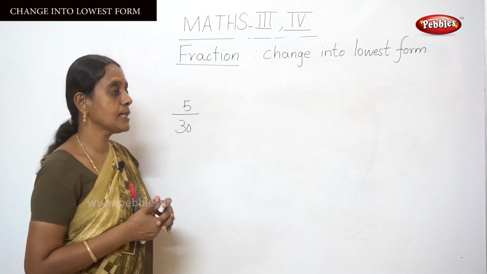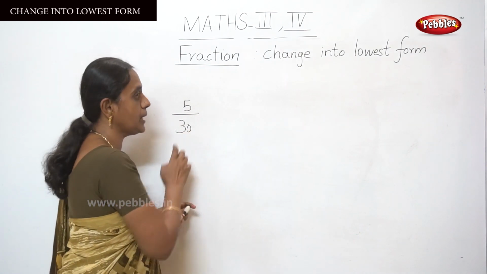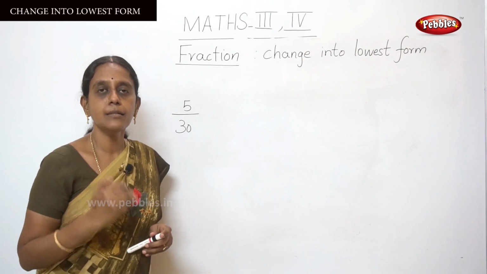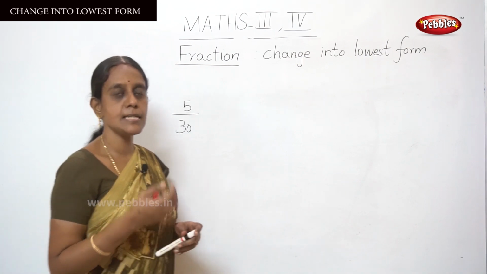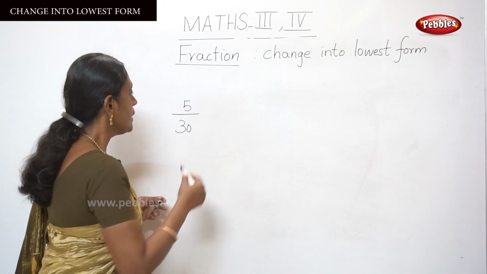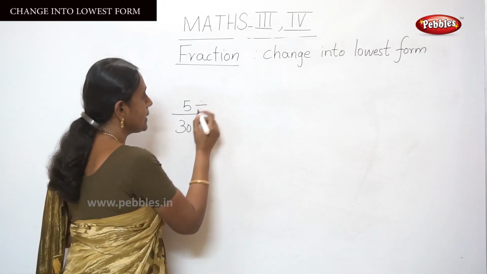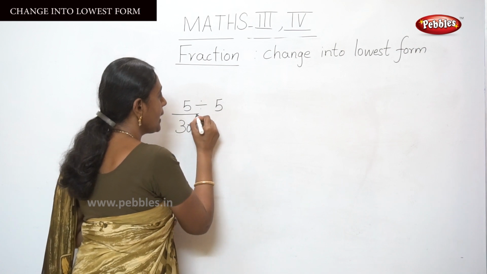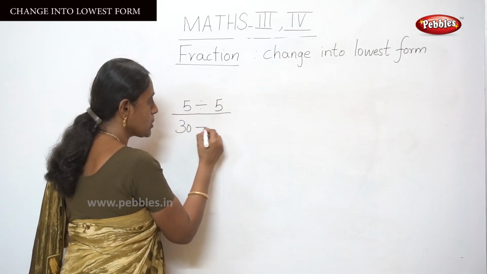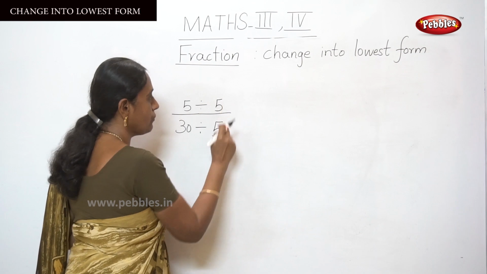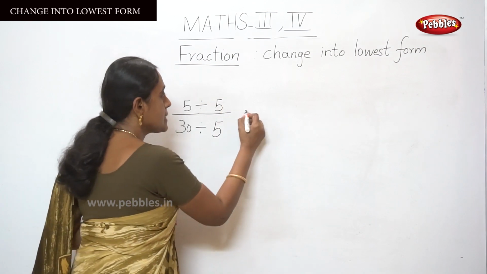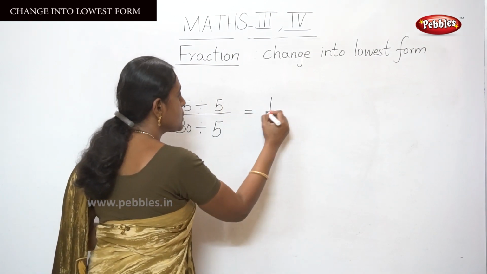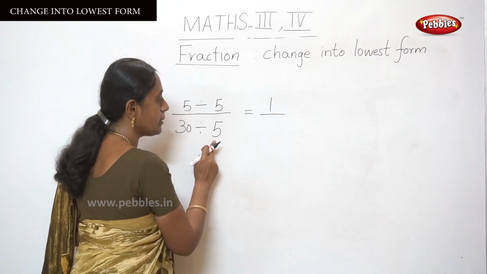The numerator and denominator should be divided by the same number. Here, take this 5 and divide by 5. The denominator is also divided by the same number. 5 divided by 5 is 1, and 30 divided by 5.